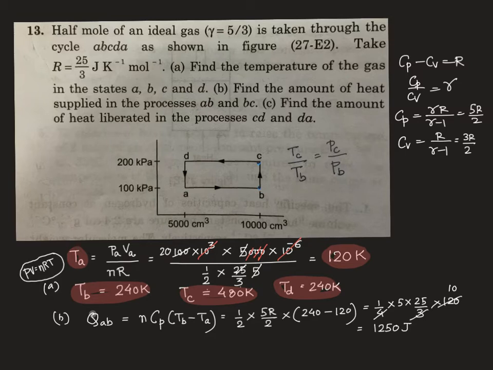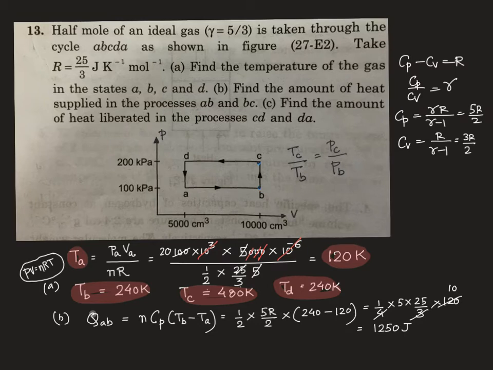Let me explain it again. The amount of heat supplied in the part AB: A to B is a constant pressure process. This is a graph of pressure versus volume, with pressure on the y-axis and volume on the x-axis.